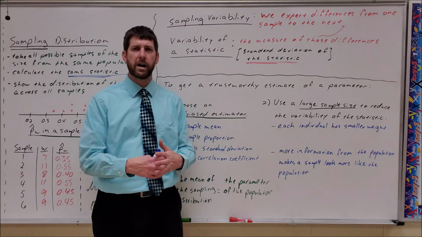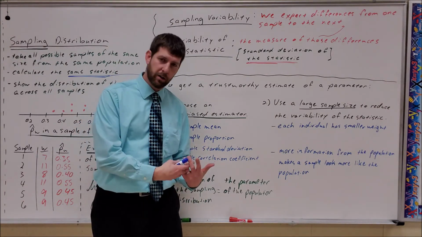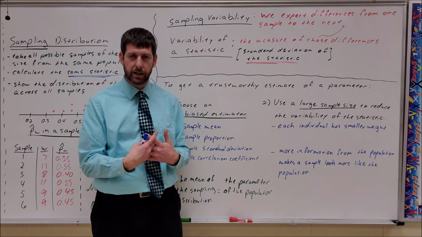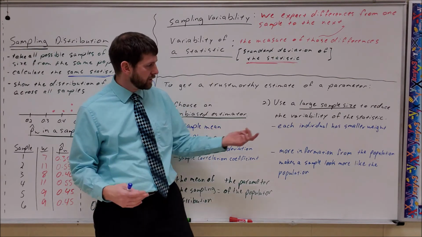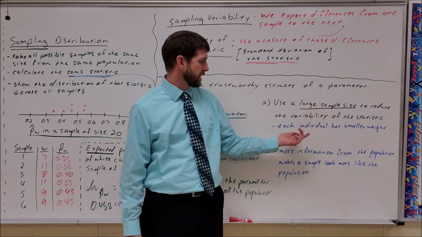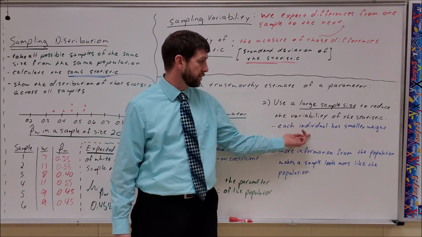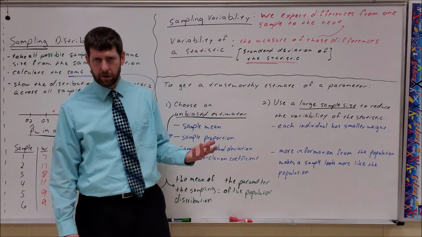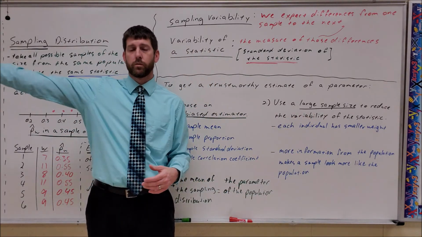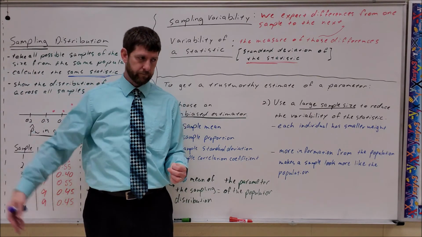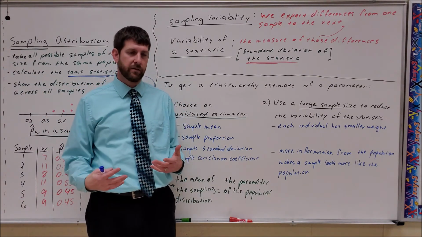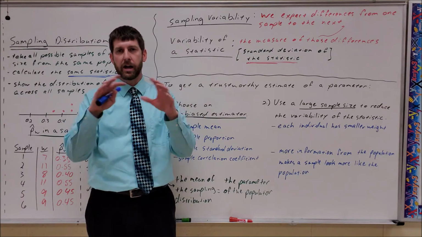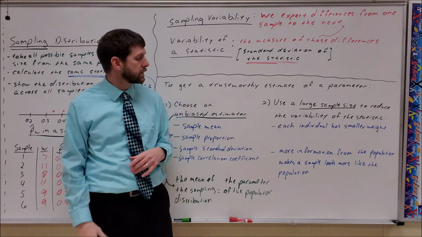And we've talked before about large sample sizes minimizing variability and things like that. If you have a large sample size, you're going to reduce variability because individuals have smaller weight. So if I get one really wide, way out there value, he's not going to have as much influence because you've got a lot more people towards the center to balance him out.